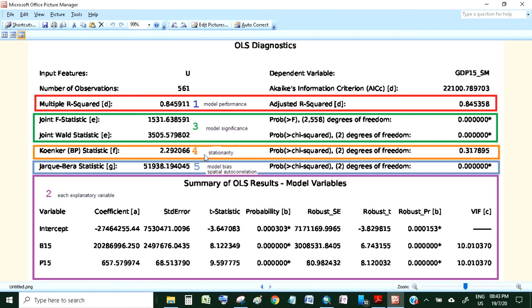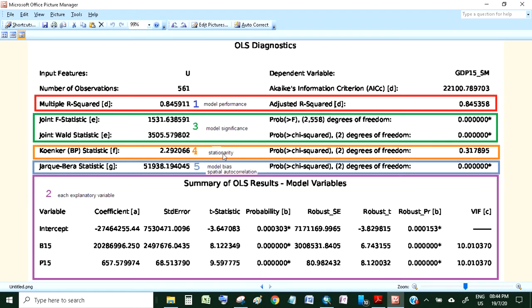Now I'm coming to a very important point: what is the null hypothesis here? The null hypothesis for the Koenker statistic is that the model is stationary. With this degree of freedom here, the probability should be more than chi-squared, but if you see the chi-square table, you will find that you cannot reject this null hypothesis.